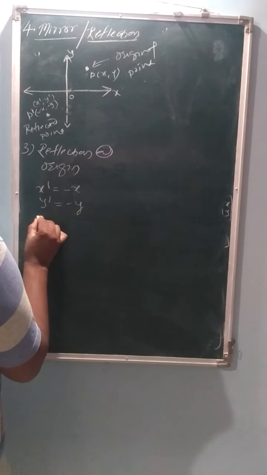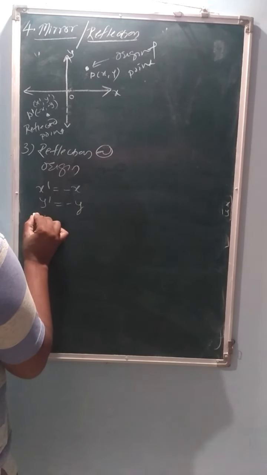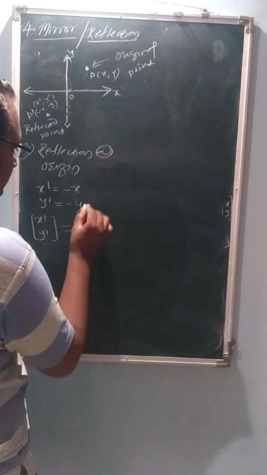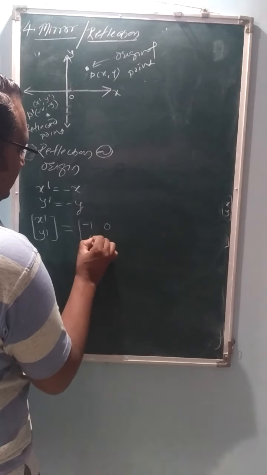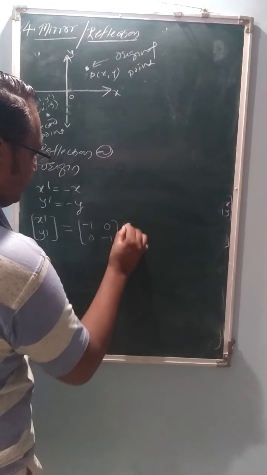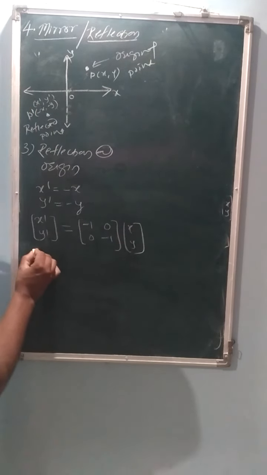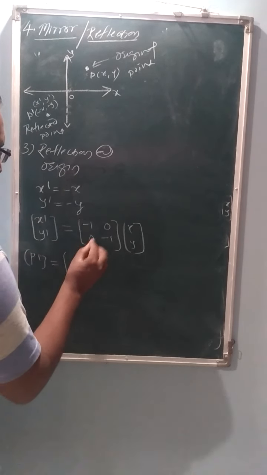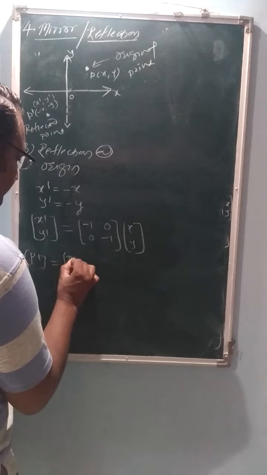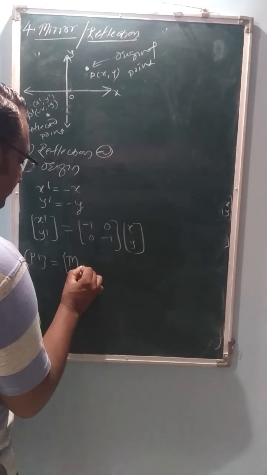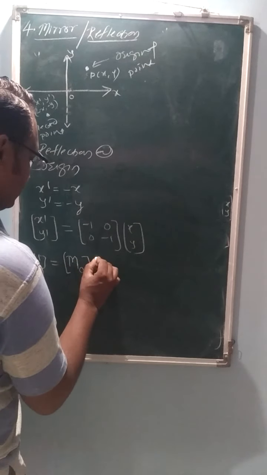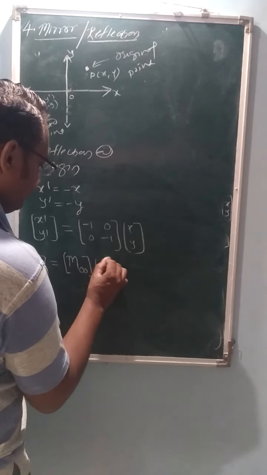We can write x dash y dash is equals to minus 1, 0 and 0, minus 1 times x and y. So P dash is equals to this particular matrix, mirror about origin, times the original point.